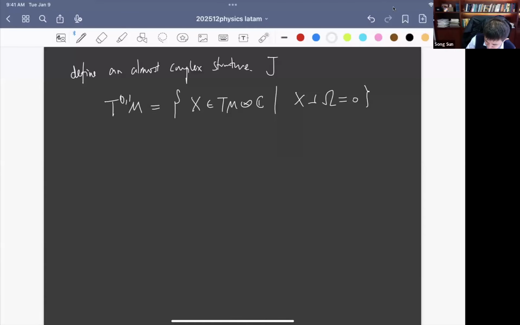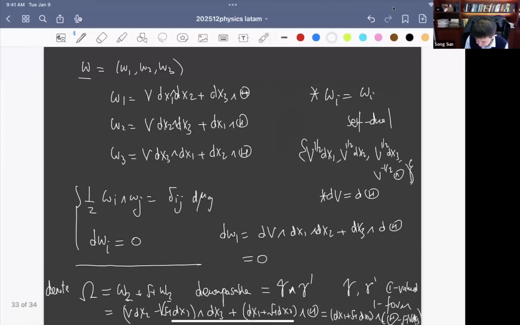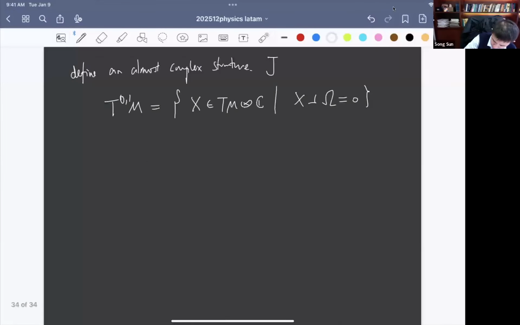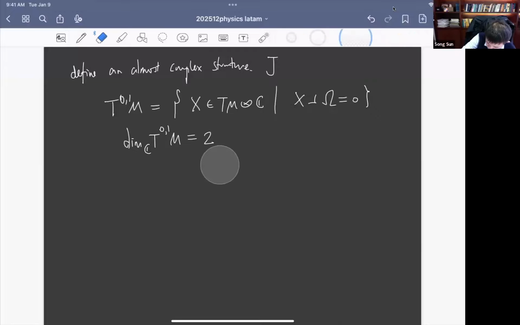One can check, because this is locally this model, that the rank is 2, complex two-dimensional.